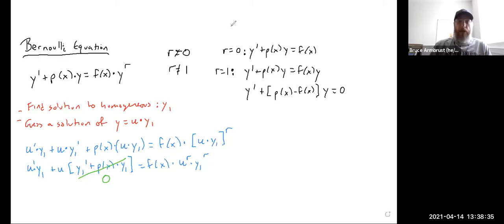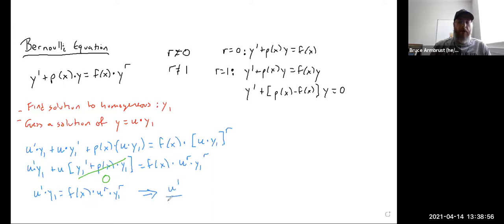So that thing goes away. And now you'll notice we've got u prime times y1 equals f of x times u to the r times y1 to the r.